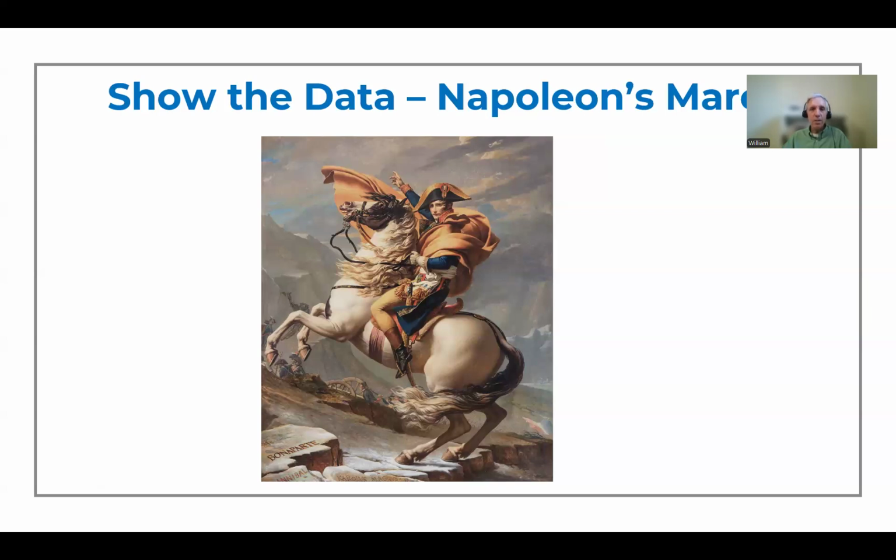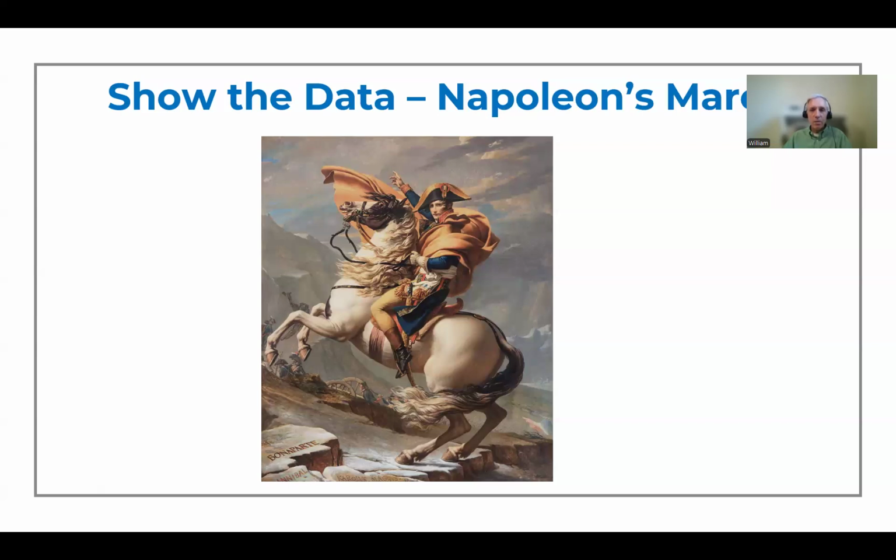And just another side note, I'll mention that like a lot of nobles and wealthy individuals of the time, Napoleon had all these different portraits commissioned of himself. This is when he is supposedly taking off to cross the Alps to invade Austria.